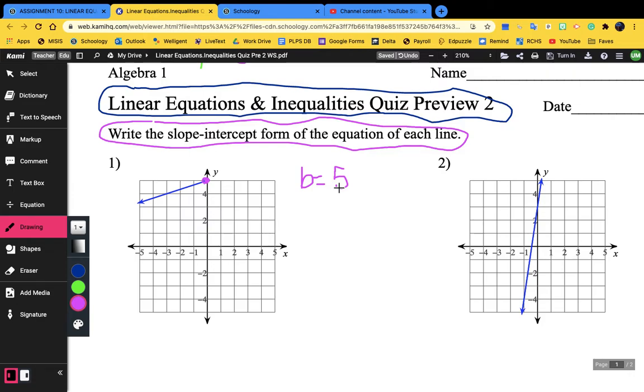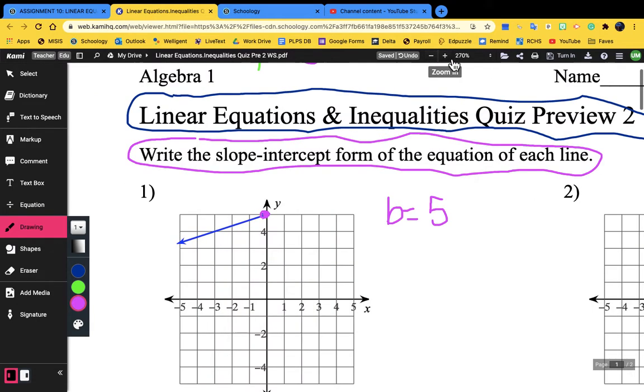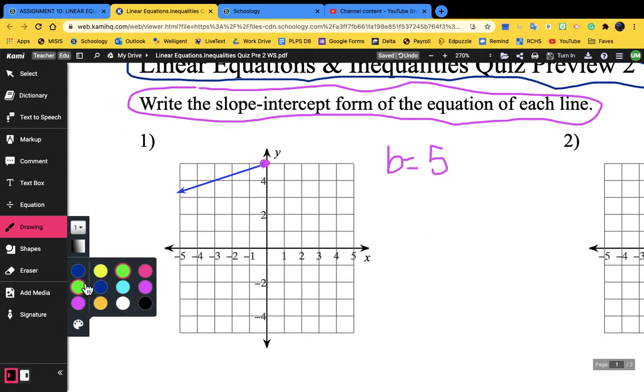Second thing we're going to do is find another exact point, another perfect point. Another perfect point on this graph is right here. Now I'm going to go from green to purple.